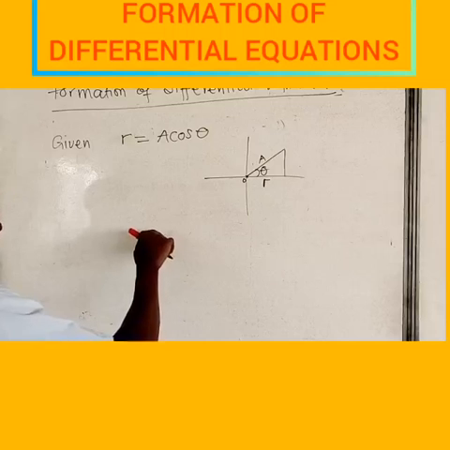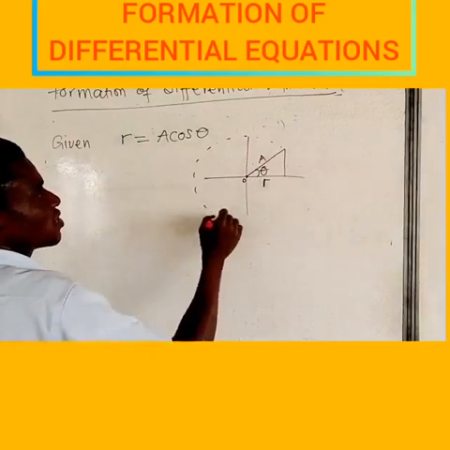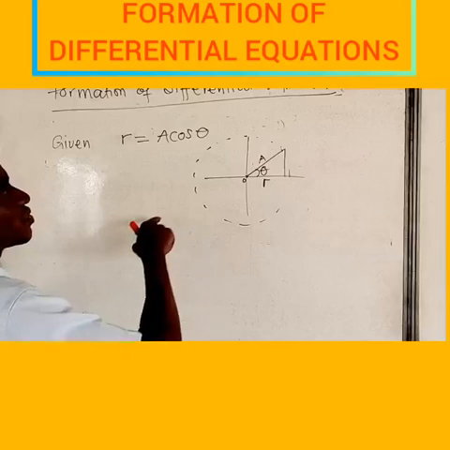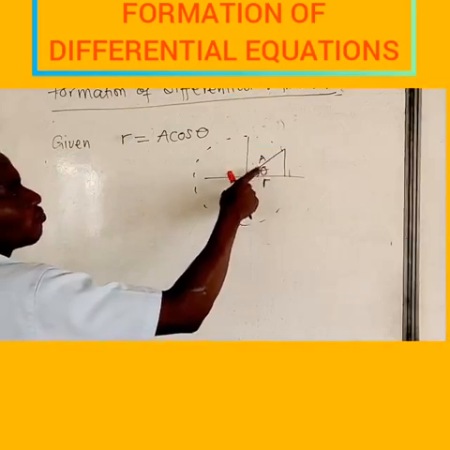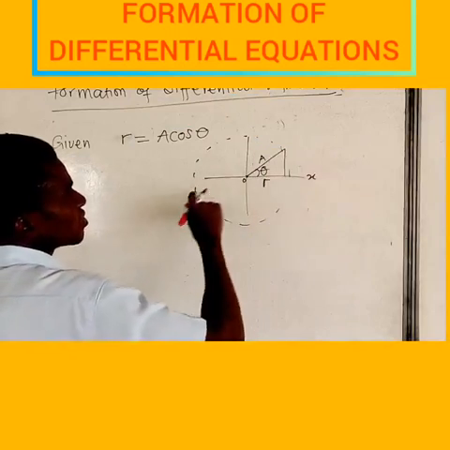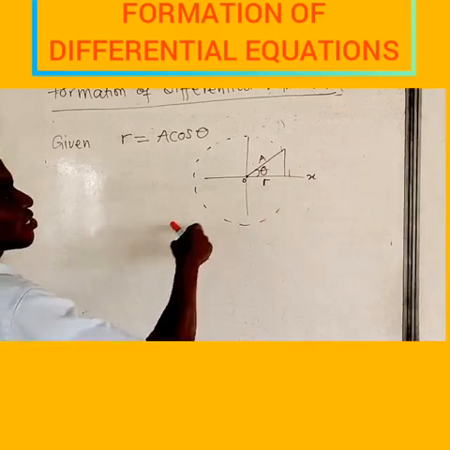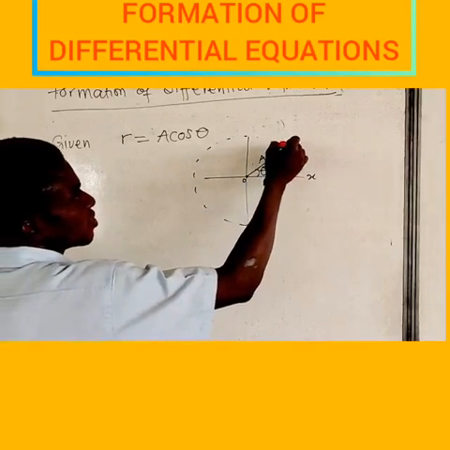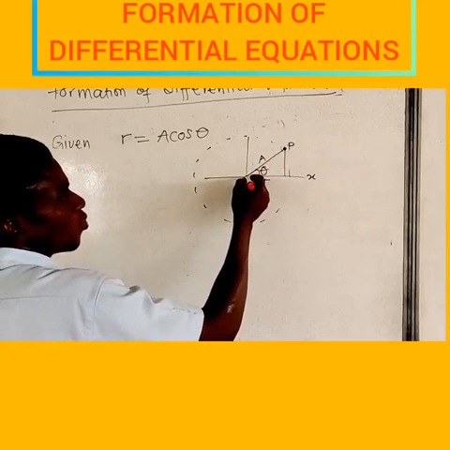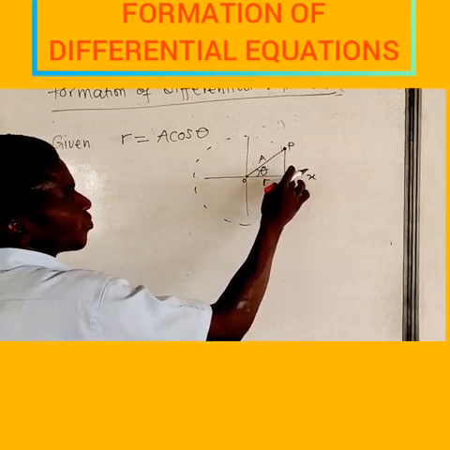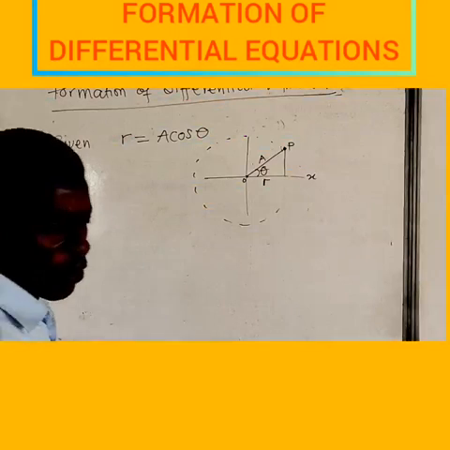So a is the radius of the circle that can be traced by the line, theta is the angle measured from the x-axis, and r is the distance or displacement of the point P from O, the origin.